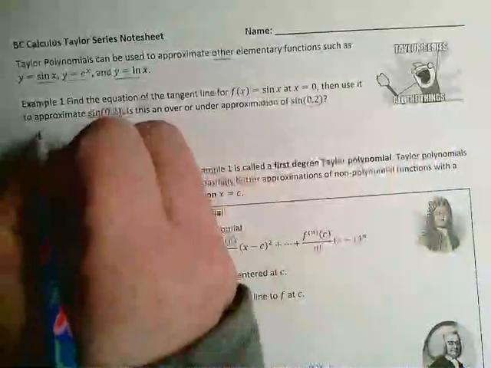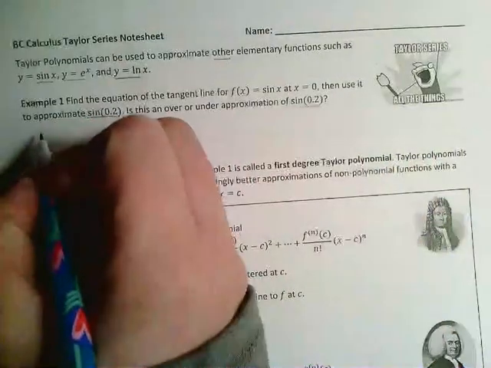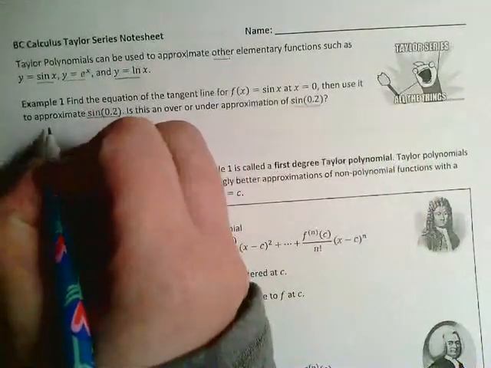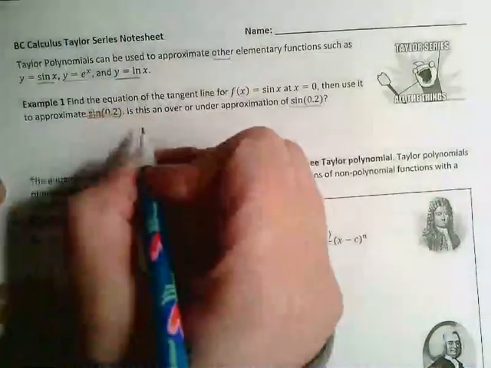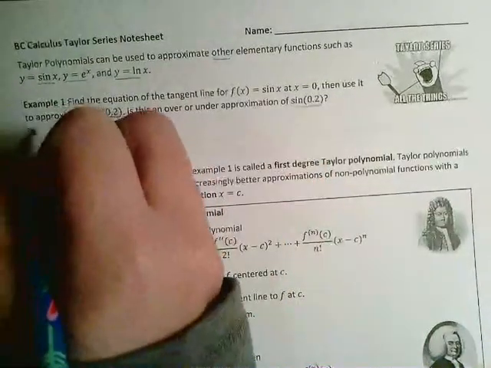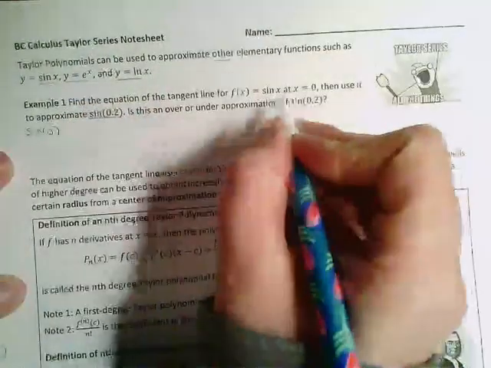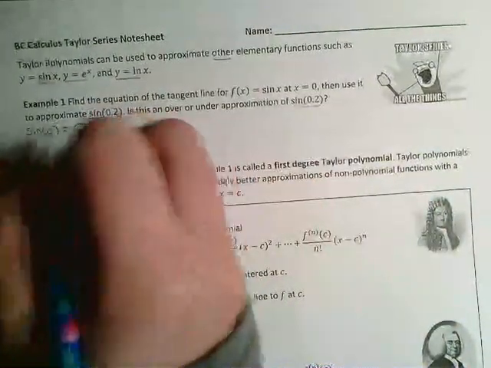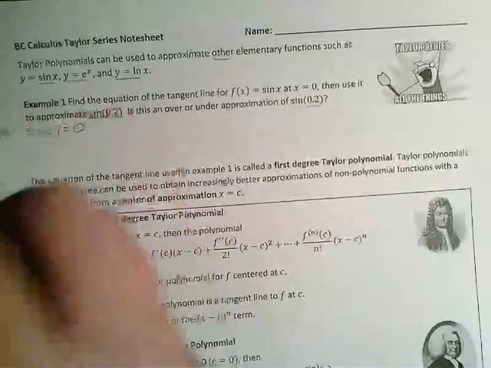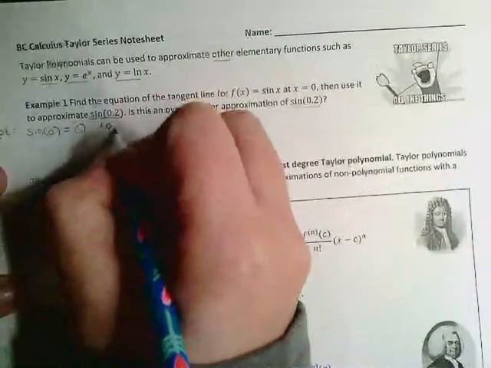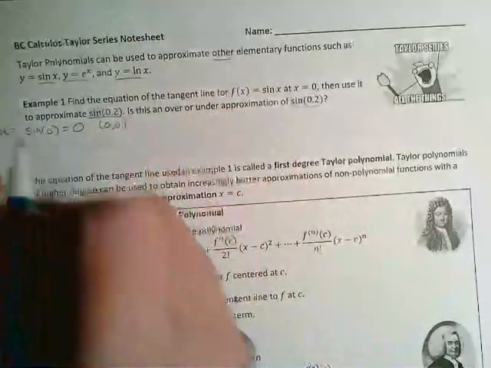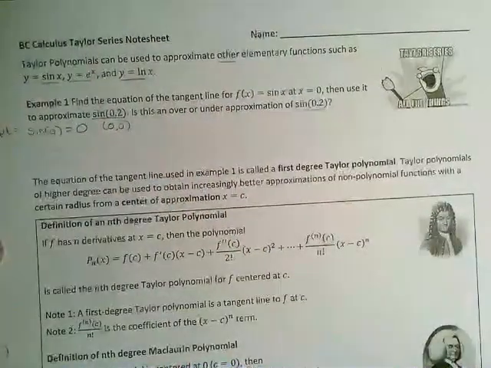Initially, the function at the point is going to be sine of 0 at x equals 0. We know that it equals 0. That's our point. So our point is going to be (0, 0) for the function sine of x at x equals 0.